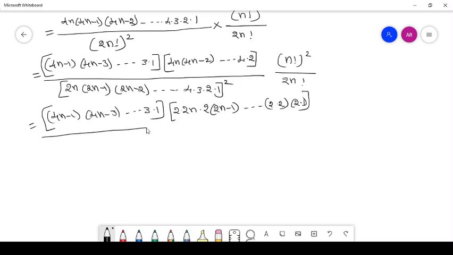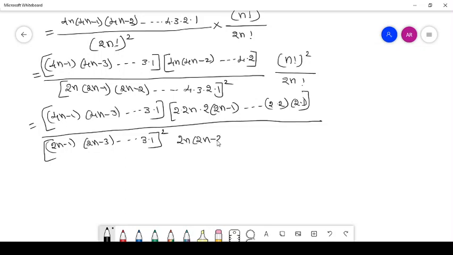By, here also I am separating the odd terms, 2n minus 1, 2n minus 3 up to 3 into 1 whole square. Next 2n into 2n minus 2, 2n minus 4 up to 4 into 2 whole square, into n factorial whole square by 2n factorial.